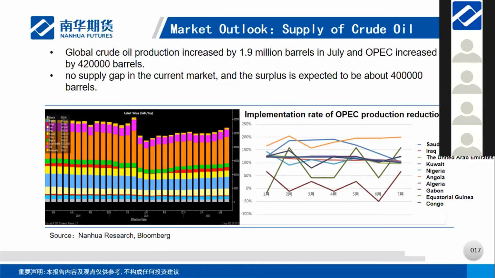Based on our calculation, even if the production of other countries is fully restored in the later stage, there's only 300,000 barrels per day of surplus capacity, which has little impact on the oil supply.